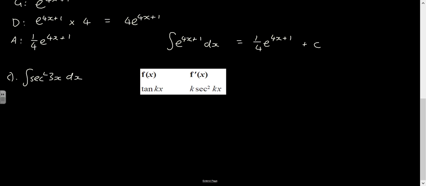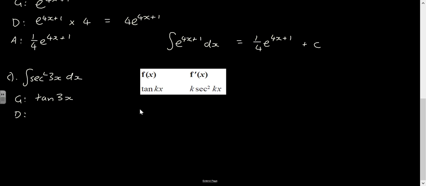When we integrate sec squared, we know that it integrates to tan. So that's going to be part of our guess. That's how this works, right? We can use the formula book when we're unsure about some of our trig ones. So we make a guess for this. Well, knowing that sec squared integrates to tan, my guess is simply tan 3x.